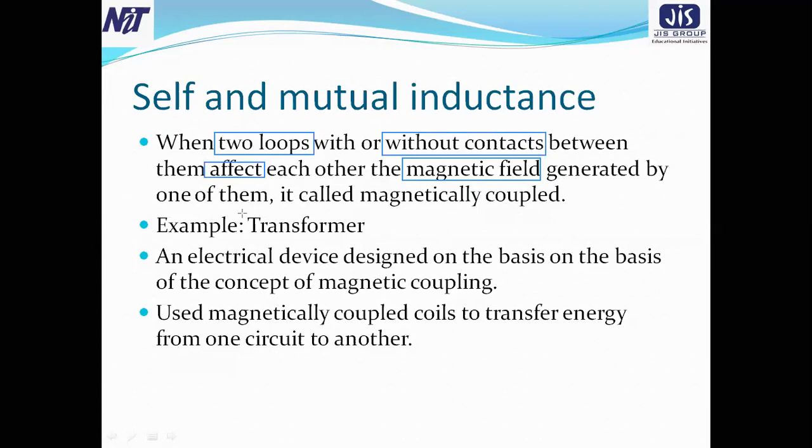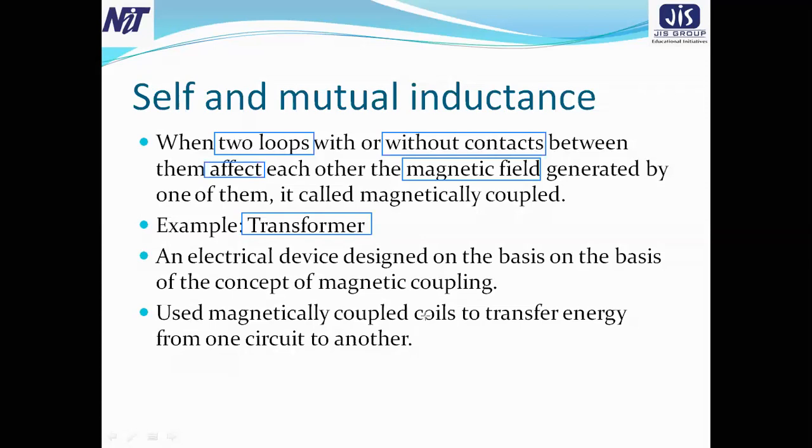Example, transformer. This is a very good example of a coupled circuit. Why is it a good example? Because a transformer has two sides, one is primary, one is secondary. The power enters from the primary side and exits from the secondary side.